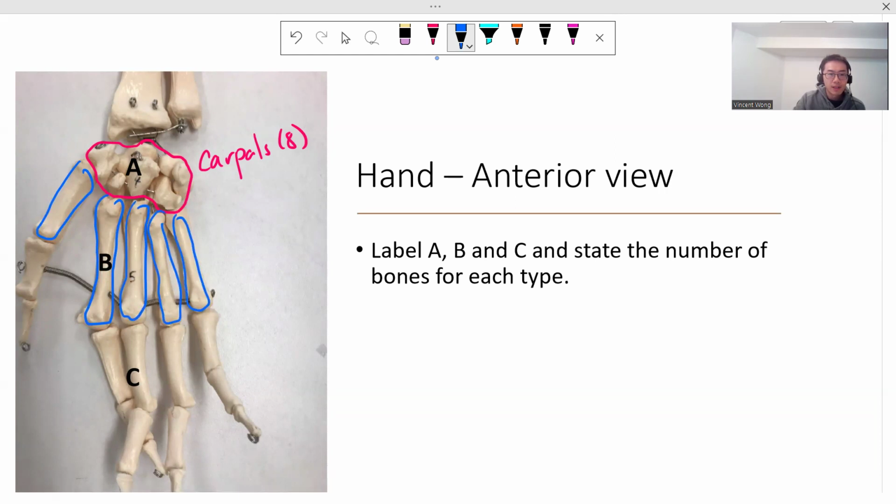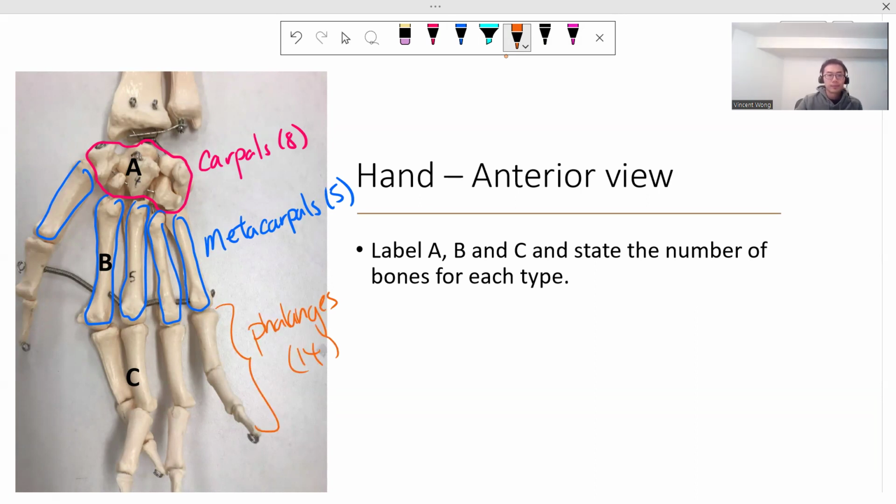There are 5 of them. These are the metacarpals. And finally, at the front, all these are phalanges. 14 phalanges. 1, 2, 3, and so on. But the thumb only has 2.